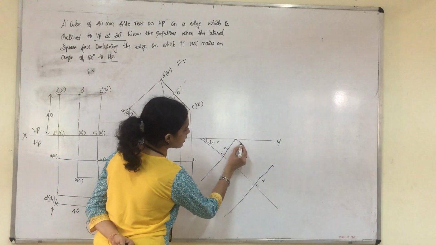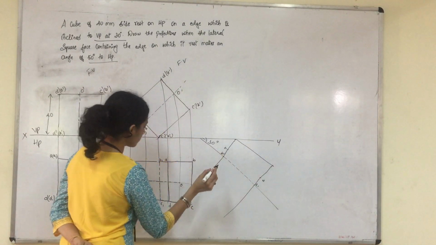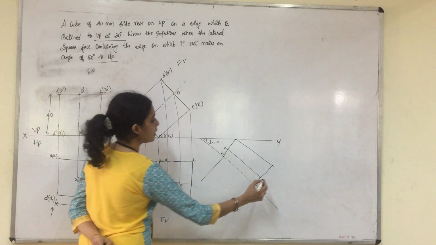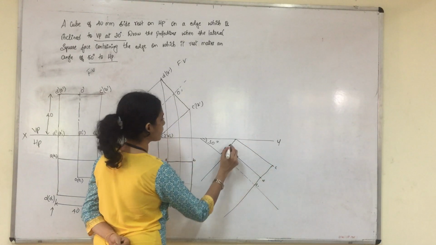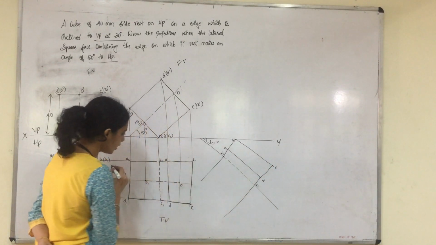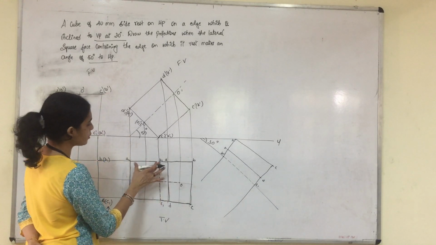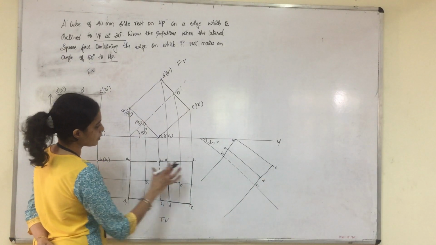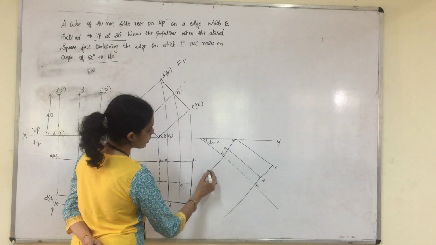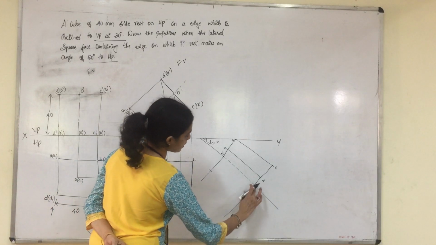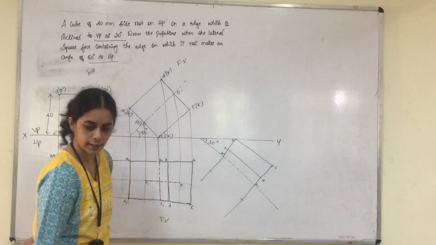So kindly join it, give the name as C and B, and later come back and measure from B1 to A1 what is the distance. Okay, just cut an arc and again measure from C1 to D1 what is the distance and just cut an arc.